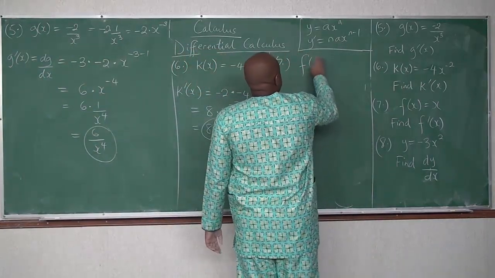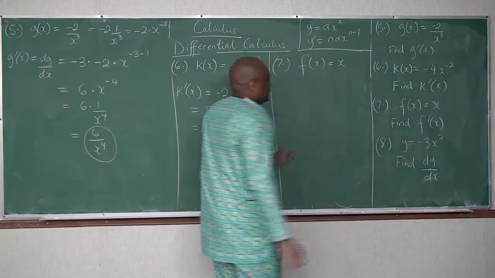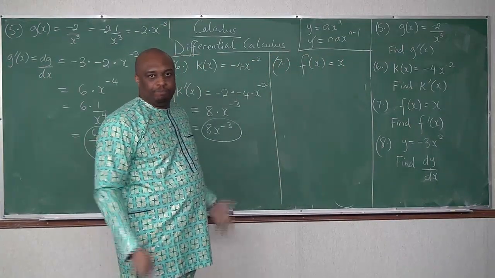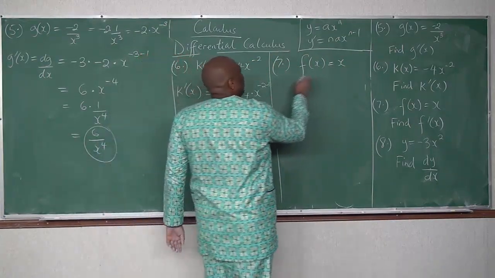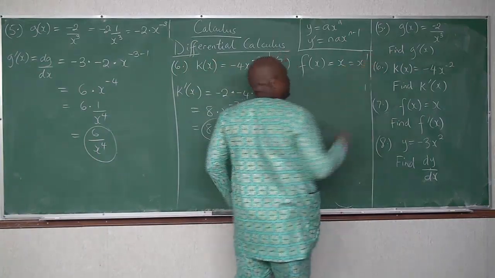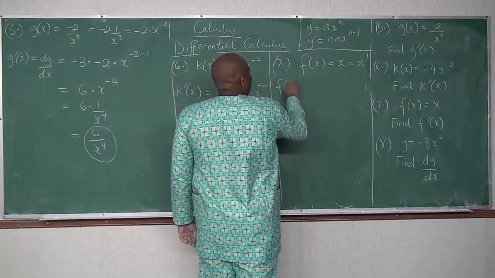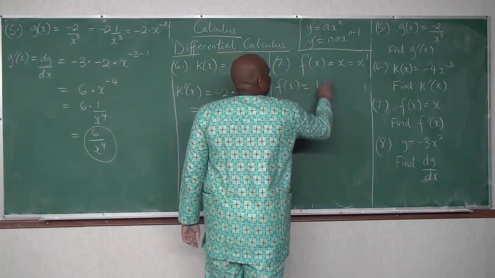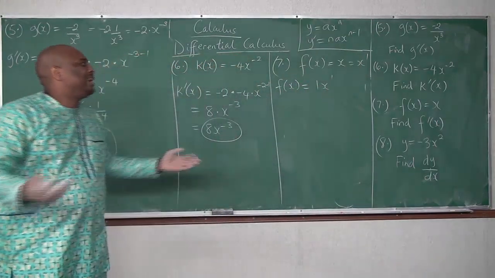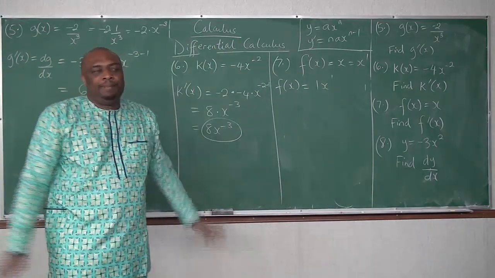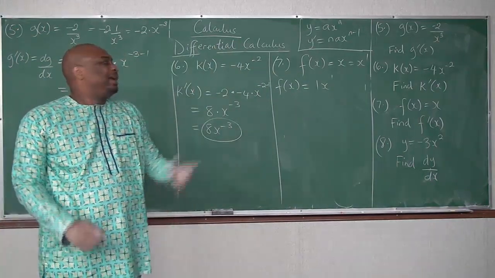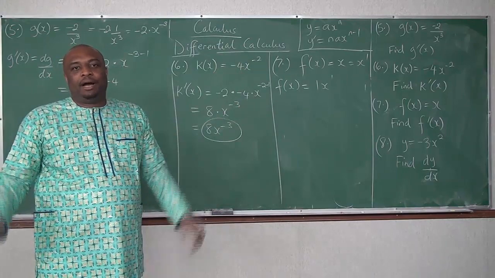F of x is x. So find f prime of x. Okay? This means x raised to power 1. That's what it means. Which is 1 times x raised to power 1, if you want to put it in that form. I'm just breaking it down.